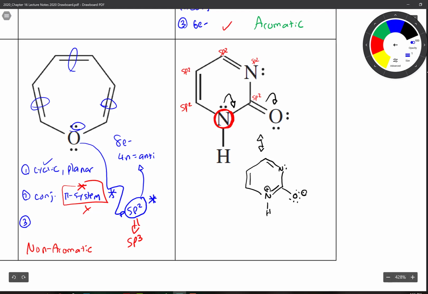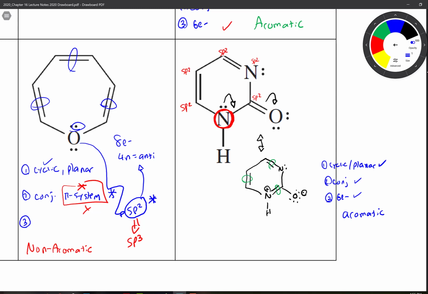So now if we look at this resonance structure, we're cyclic, we're planar. Do we have a conjugated pi system? Sure, we do. How about the number of electrons? 2, 4, 6. So we've got 6 electrons here, and that means that we are aromatic here.